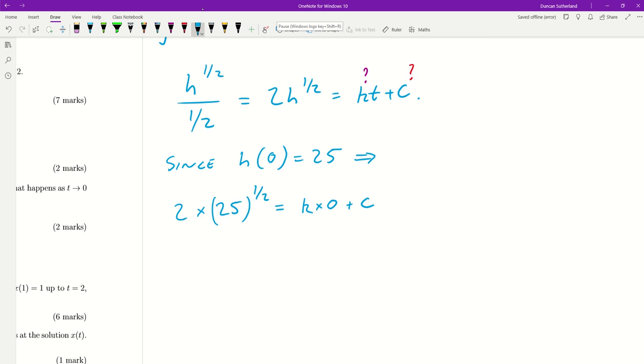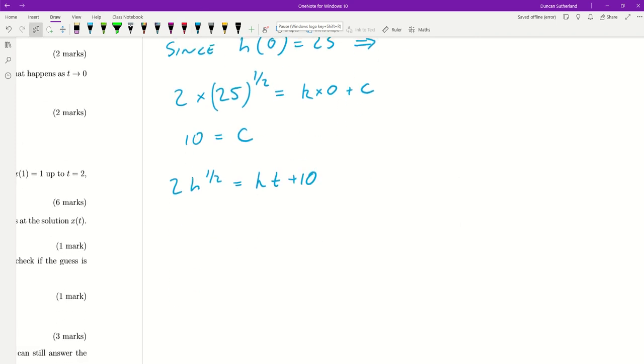All right, so that's 10 equals c. Right, so we've got c. We know what c is equal to in this case. Right, so now we have 2h to the half equals kt plus 10.